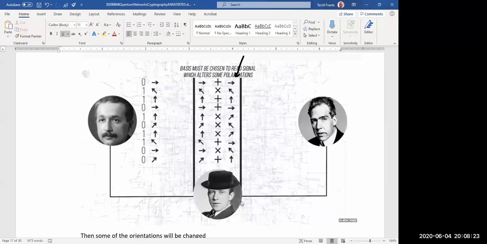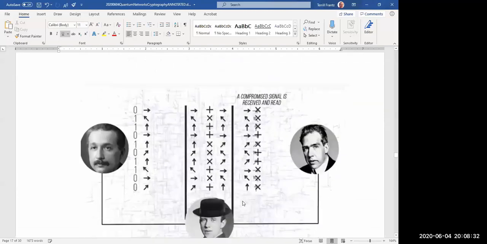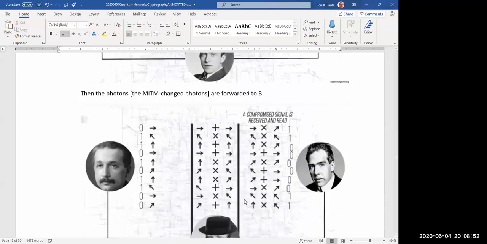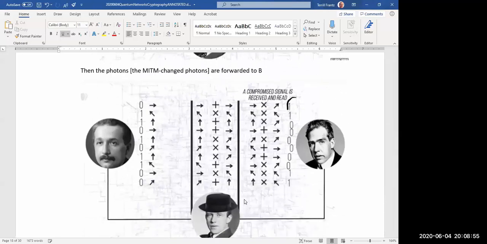So the light now, as we see here, is run through the process by B, where B selects the random bases or filters in which to process the light. B gets this bit string based on his or her measurements. And then this is the basis that B used.